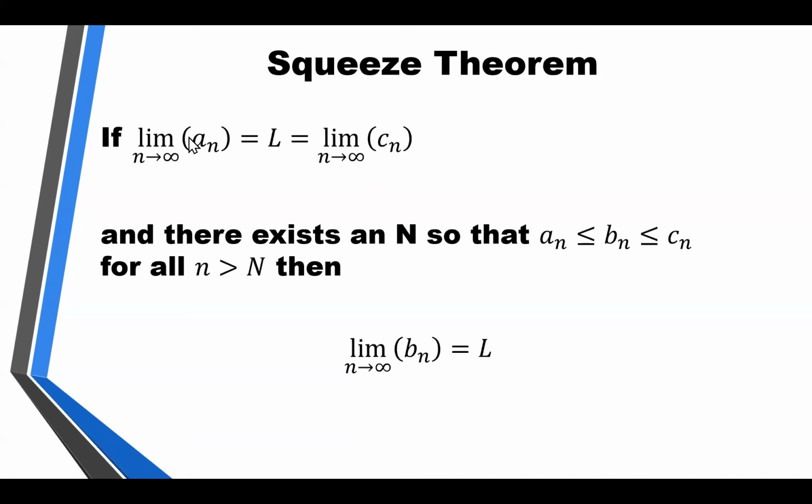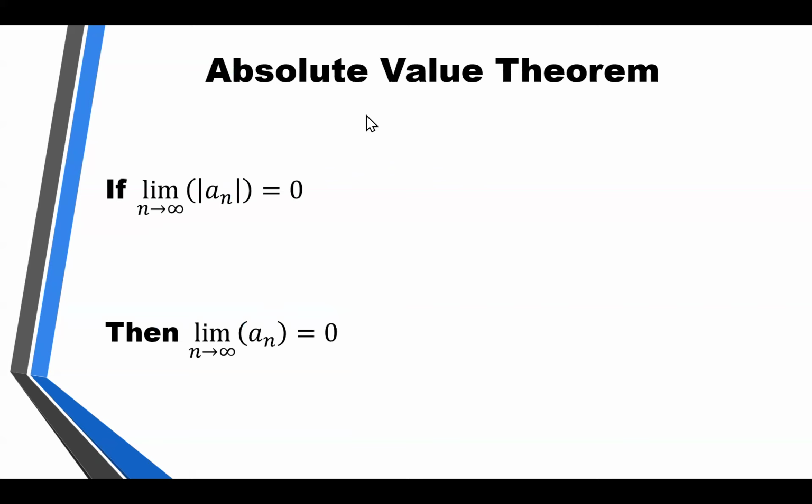I should say negative absolute value of a sub n on this side, and then a positive absolute value of a sub n on this side: negative absolute value of a sub n less than or equal to just the regular a sub n less than or equal to positive absolute value of a sub n. And if both of those have limit 0, which is just the limit of one of those being 0, then the alternating part has to have limit 0 as well. And that's what the absolute value theorem says.